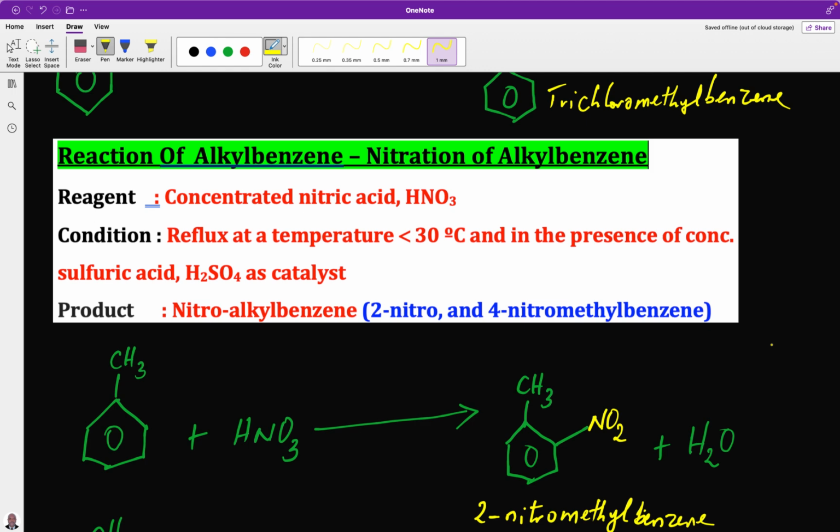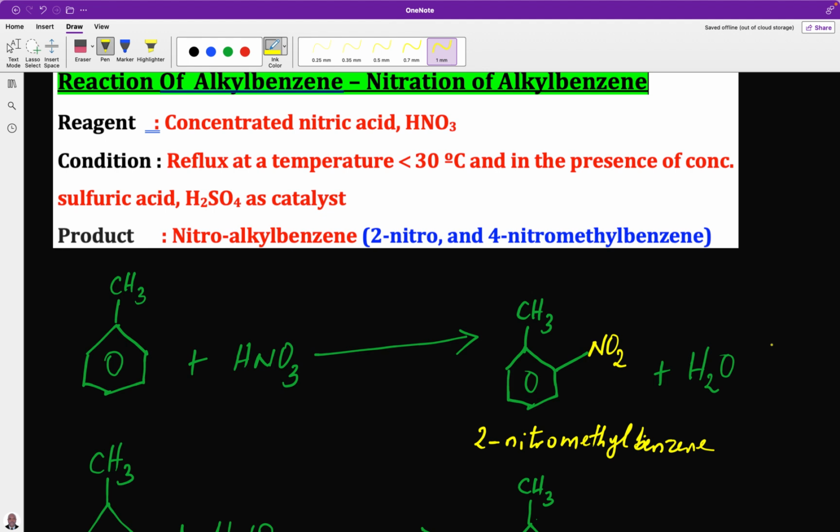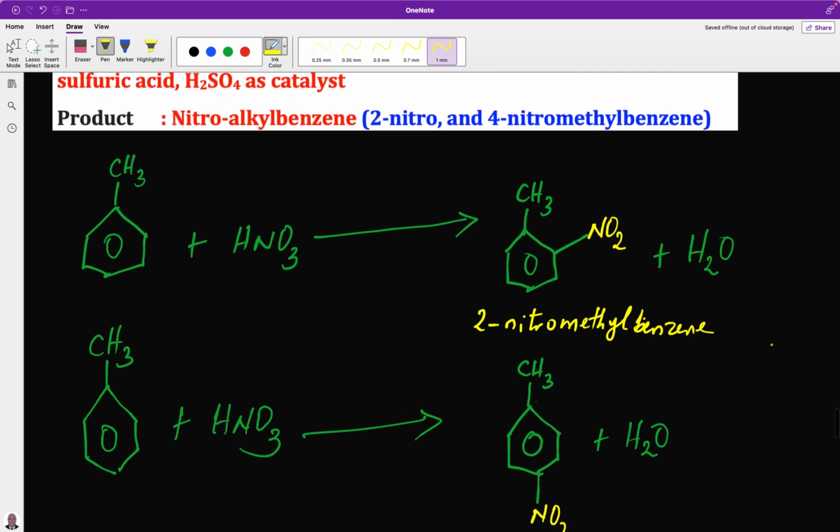And when we do that, as I told you, the methyl group is 2,4 directing. So the first product that will be obtained from here will be 2-nitromethylbenzene, and a molecule of water.